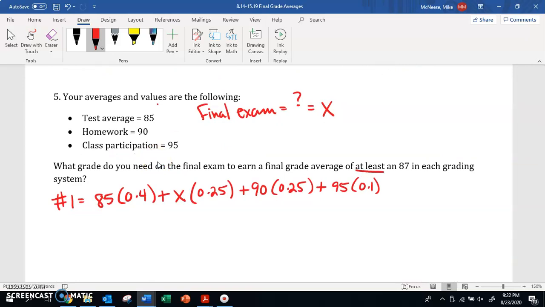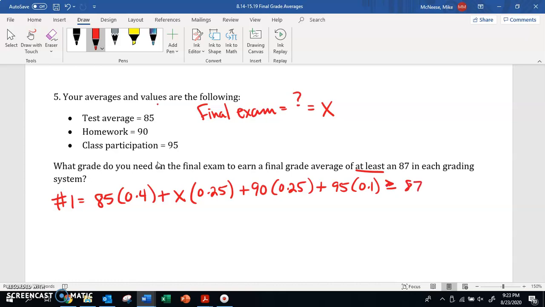So we're looking at 87, 88, 89, 90, all the way up to 100, right? So another way you could say this, instead of saying at least 87, you could say things that are greater than or equal to 87. Okay? So the way we could represent that is the greater than or equal to symbol. So we're going to have greater than or equal to 87.